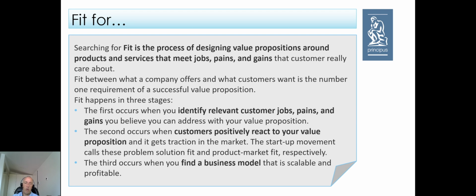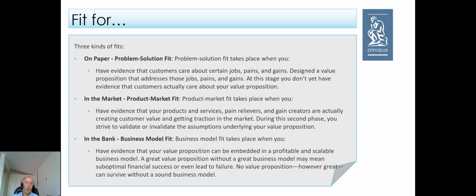The second one occurs when customers positively react to your value proposition. And the third occurs when you find a business model that is scalable and profitable. They call those three fits on paper fit, in the market fit, and in the bank fit.